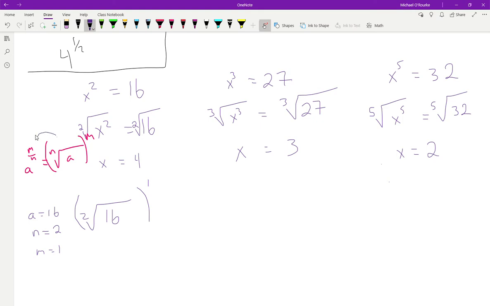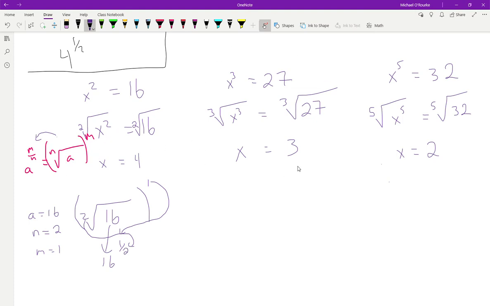So if we work this way, this is our equation, right? If we want to write it as a fraction, we go 16 to the power of 1 over 2. The 1 coming from here, and the 2 coming from there. And 16's right there. Okay?